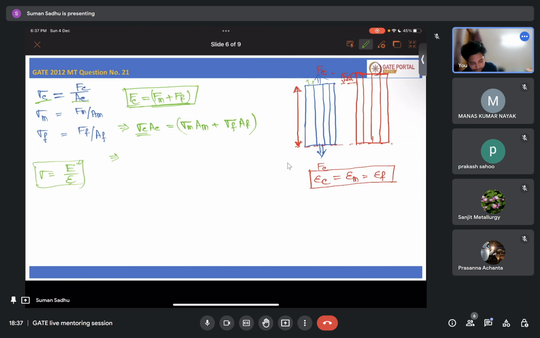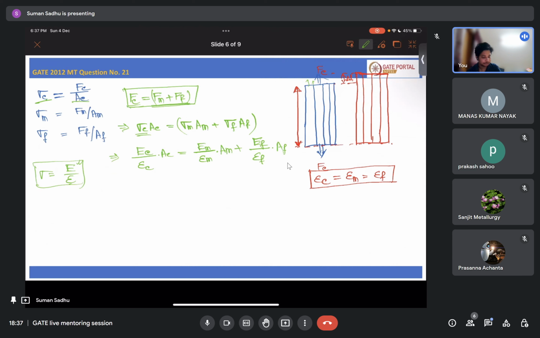So it will be Ec into epsilon c into Ac is equal to Em into epsilon m into Am plus Ef into epsilon f into Af.